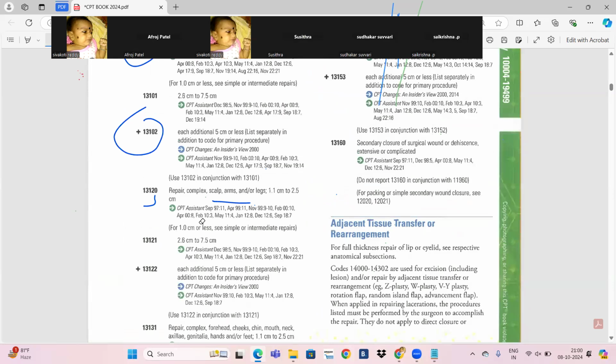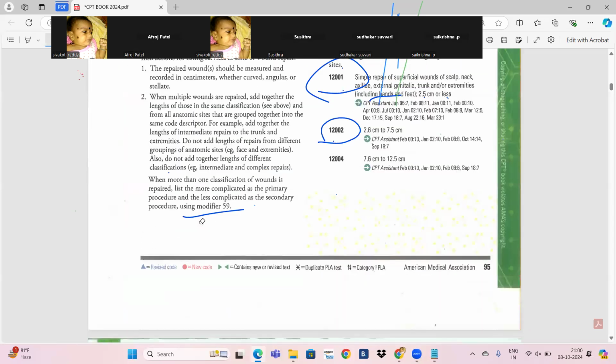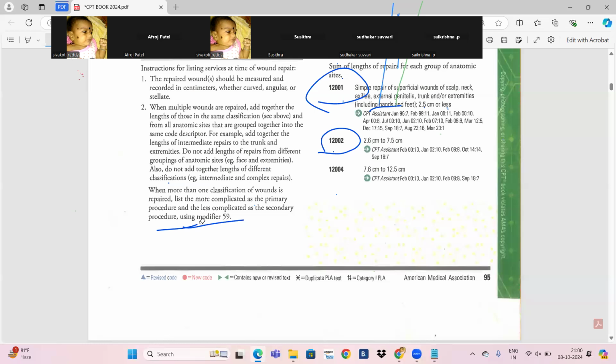Clear? Sir, we are confused about 51 and 59. Please, can you explain once? You can give 59 here in lacerations. While you are coding laceration, give 59.